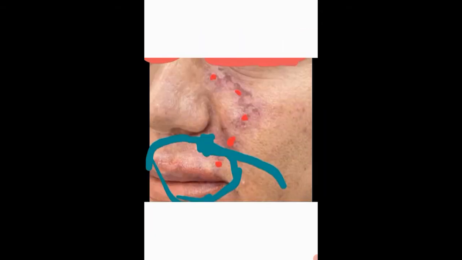But in this slide you see the pattern of discoloration from the nasolabial fold upward toward the corner of the eye, and you see that discoloration is going to the medial contours of the left eye.